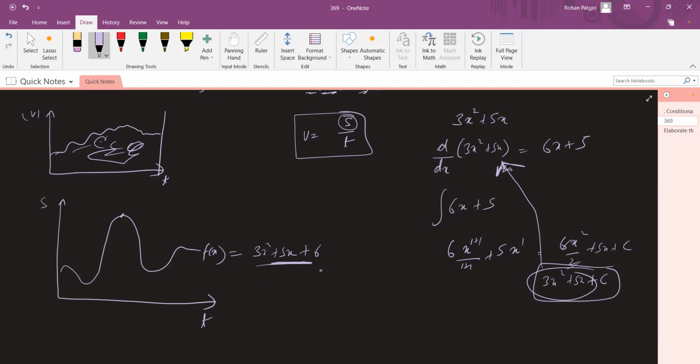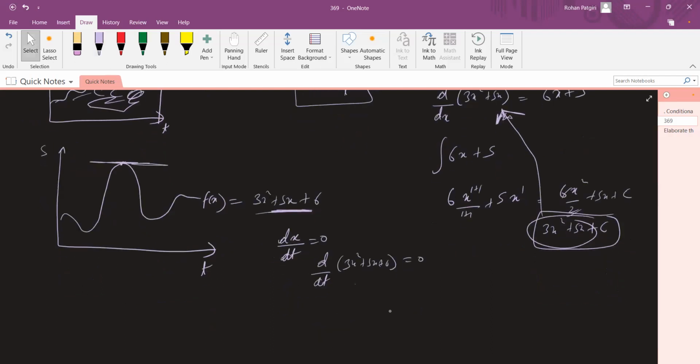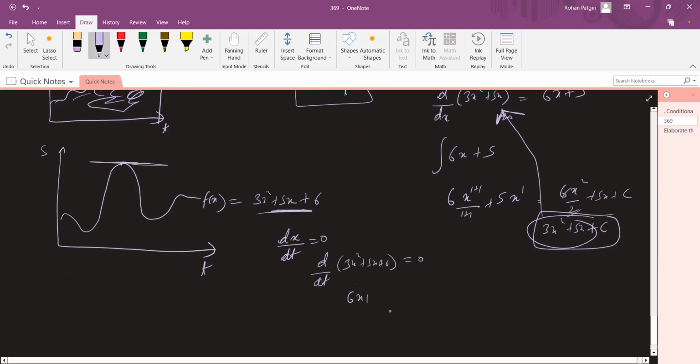At this part the slope is 0. So whenever we try to find the slope or the maximum point, we put dx by dt equal to 0. So here d by dt of 3x squared plus 5x plus 6 equal to 0, so 6x plus 5 equal to 0.